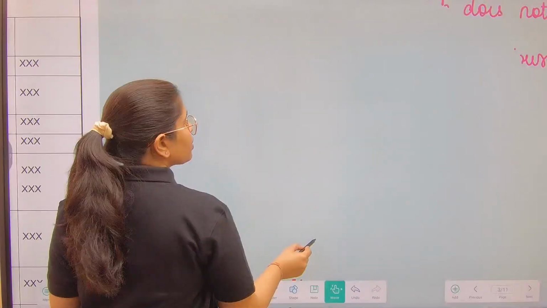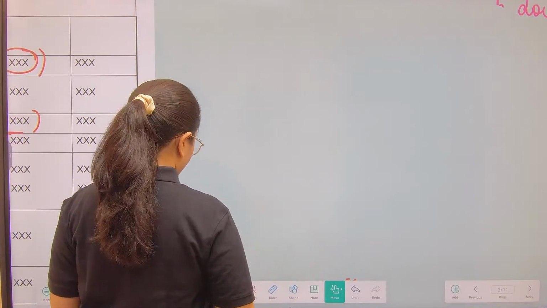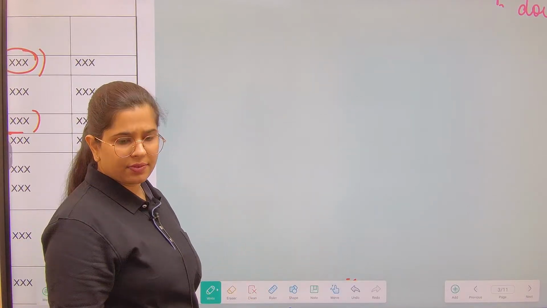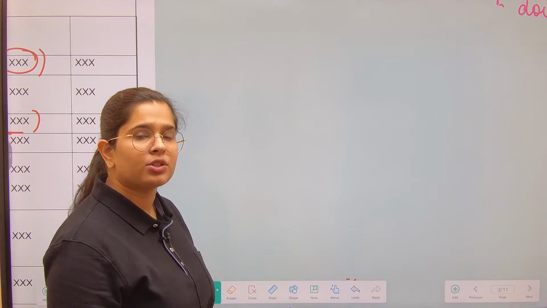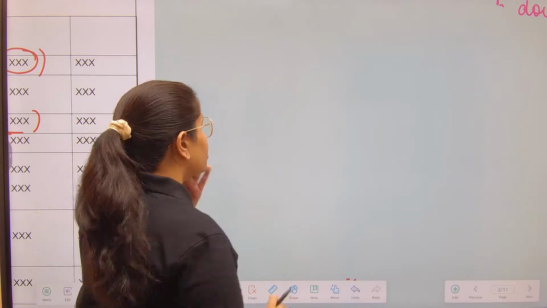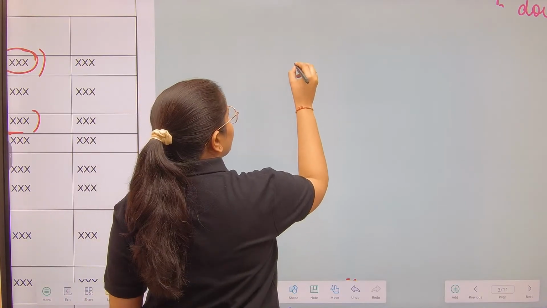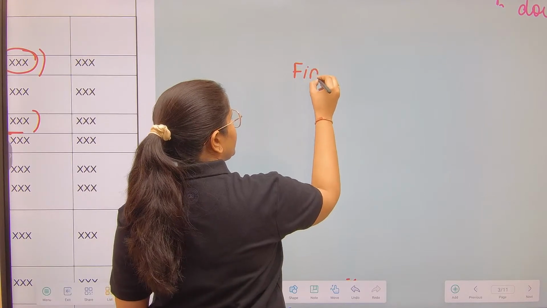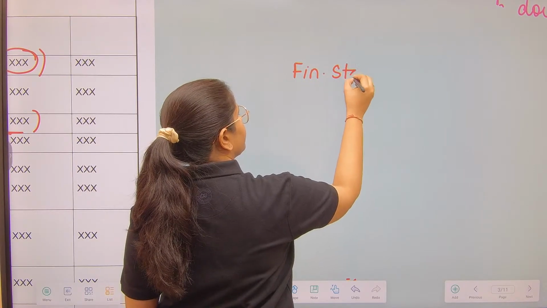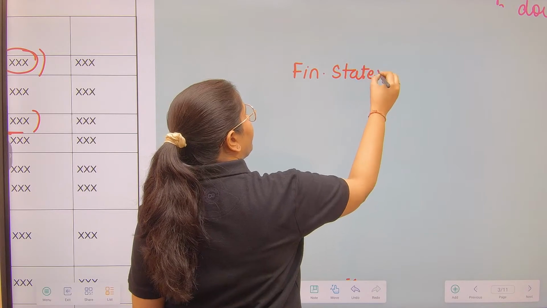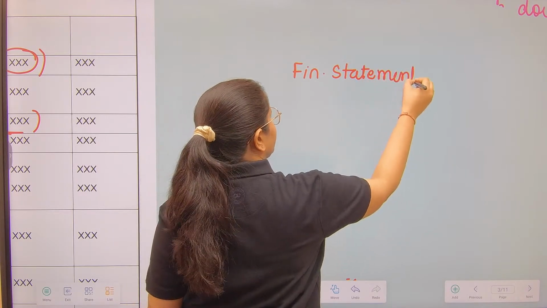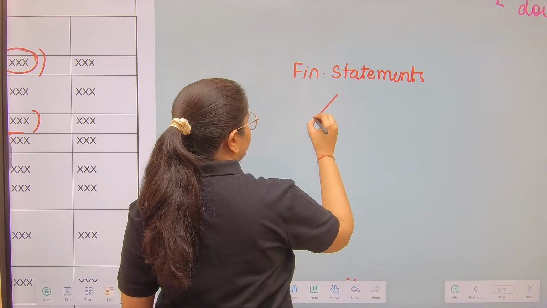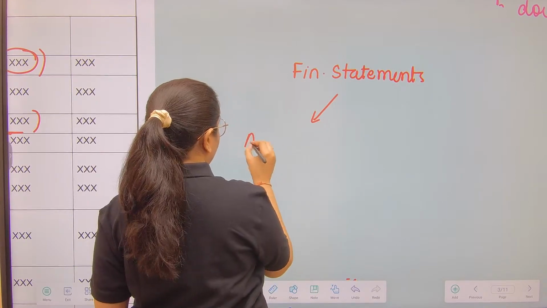So the deferred tax concept has many technicalities if you go into the detail, but let's just talk in very simple terms. Whenever you prepare financial statements, we prepare them as per the Companies Act.